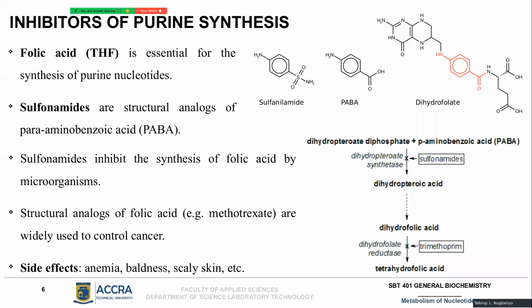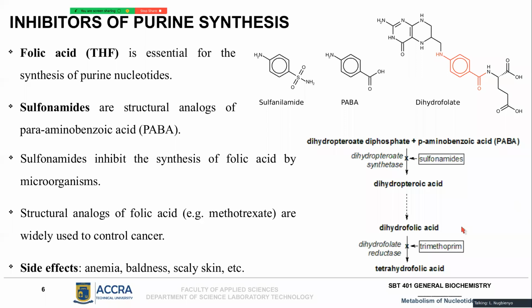And that is the main reason why folic acid is usually prescribed for pregnant women, because its deficiency can cause neural tube defects, that is, defects in the growth or the formation of the brain. And so you see this similar synthesis of folic acid in bacteria being important in the activities of the bacterial cell.